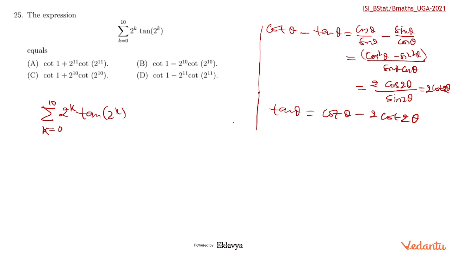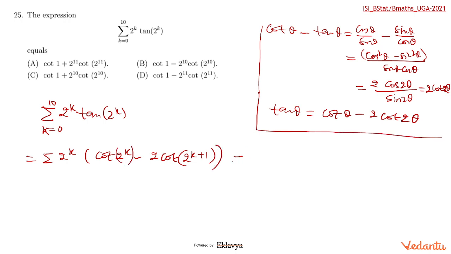So if I use this, I'll write this sigma as 2 raised power k, and tan theta is cot theta minus 2 cot 2 theta, 2 raised power k plus 1. Alright, this side story, यहाँ main story में आते हैं. So 2 raised power k cot 2 raised power k minus 2 into 2 raised power k plus 1, cot 2 raised power k plus 1.